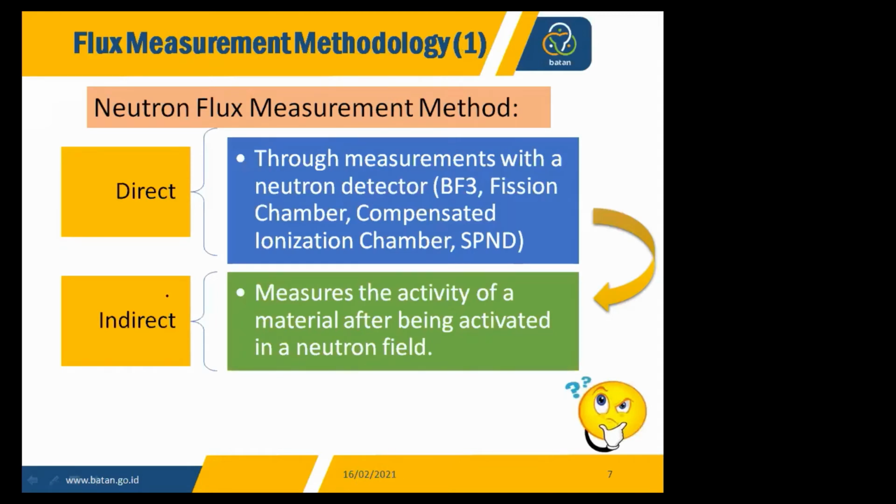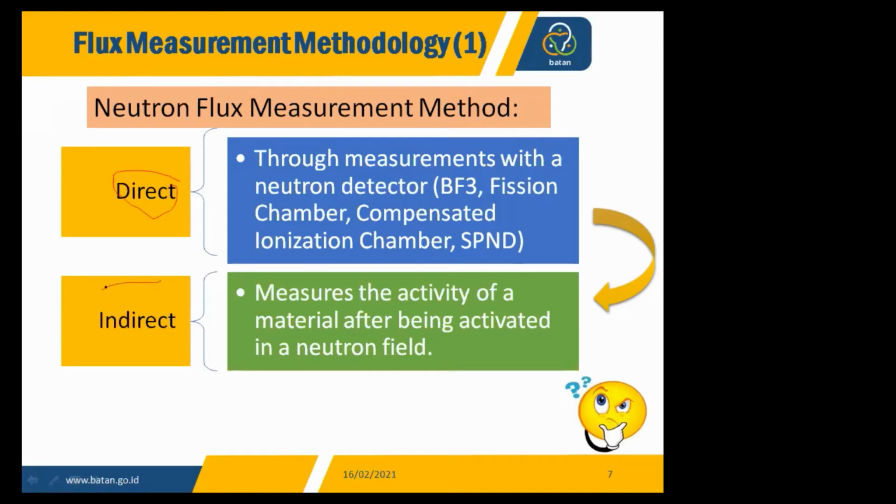Now, I will explain about the methodology. This slide shows you the methodology for the neutron flux measurement. The first one is the direct measurement by neutron detectors, such as boron trifluoride detector, self-powered neutron detector or fission chamber, and compensated ionization chamber, integrated with the instrumentation and control system of the Kartini reactor.